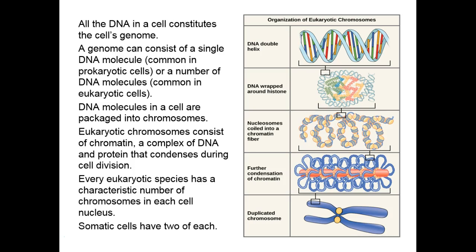It just makes it easier to move around. I'm sure there are other reasons, but when we look through the whole process, it's easier to move if it's condensed. On the other hand, it's easier for proteins to be created out of bits of the genome if it is not condensed. So both of these are done for the ease of the cell itself in doing what it needs to do.